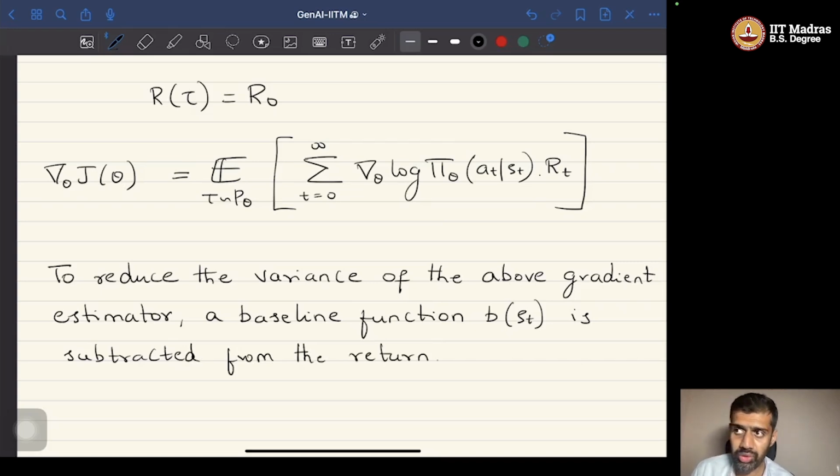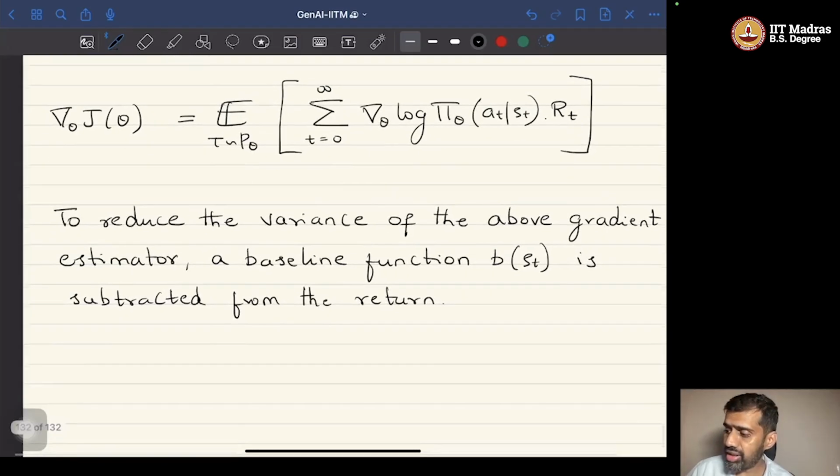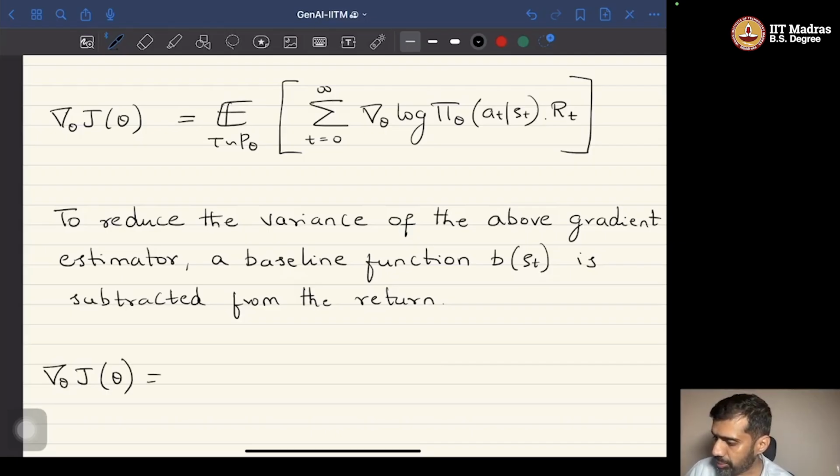So it can be shown that this does not alter the expected value, but it reduces the variance. I'll skip that proof. So therefore now the new gradient estimate with the baseline subtracted will have this particular form.